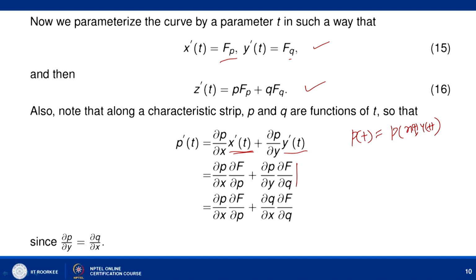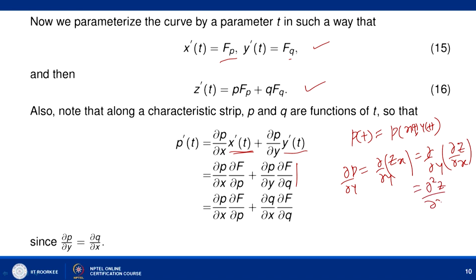Now, here we are using that del p by del y is basically del by del y of p, and p is basically del z by del x, so that is del by del y and del by del x of z, and you can write this as del 2z by del y del x.